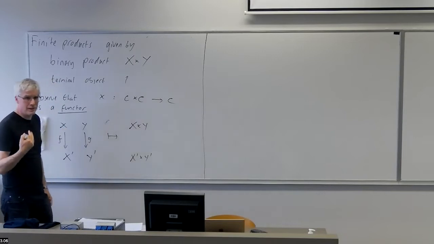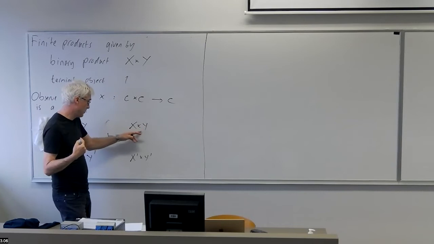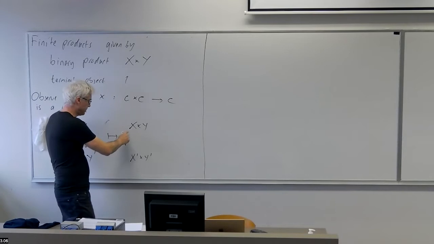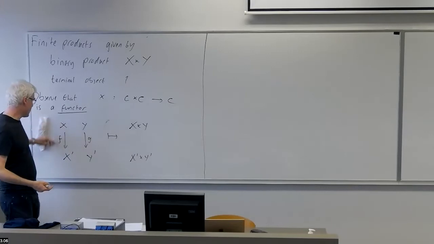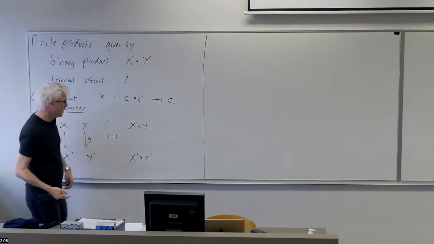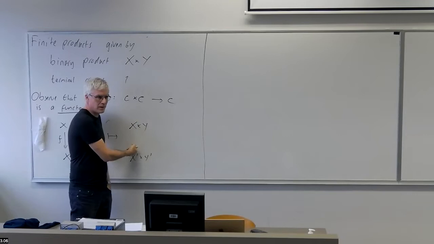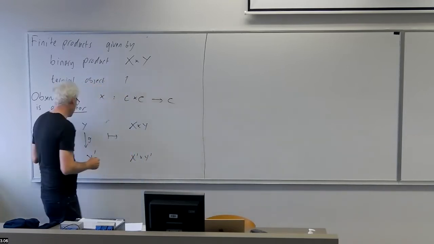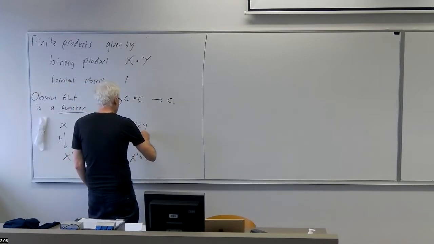And it's clear if you have any examples of categories like sets in mind with the product, so the set of pairs of the two sets, it's clear what action we have in mind here. We've got a function f on the x sets and a function g on the y sets. Then the function we want here is the function that maps the x component to f of x and the y component to g of y. And that can be defined purely using the category theoretic structure of product, and it's very simple.